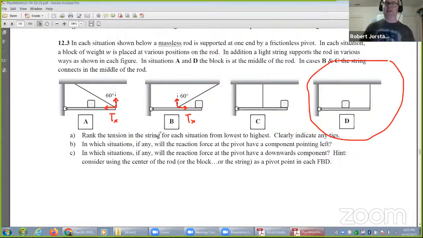So TX does nothing. Do you agree that TY still has to balance the block vertically? And so the idea here is when you compare these, which force is going to be larger, a Ty without a Tx or a Ty with a Tx? Which force would be larger?